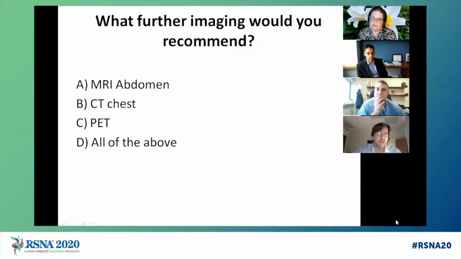PET, I don't think we usually do it up front, if minimally. So that's what we normally do. I can defer to Mikhail too to see what instances he would choose a PET CT, but for us it's usually CT chest and then MR for particular questionable cases.